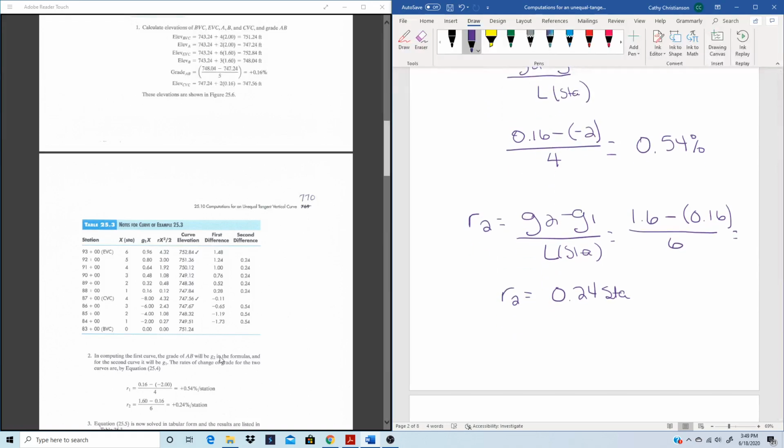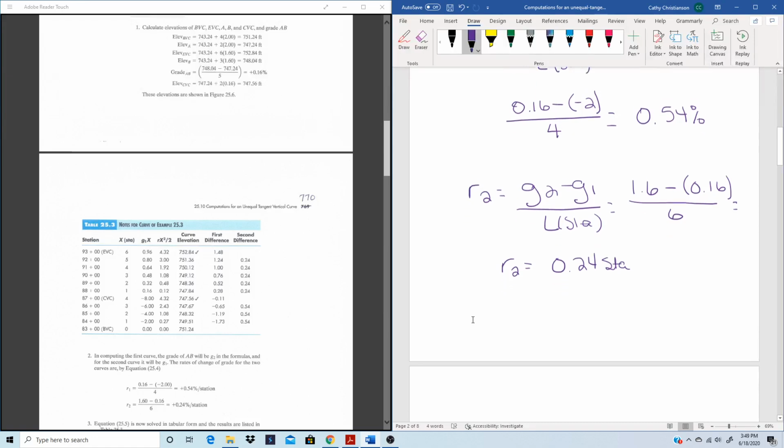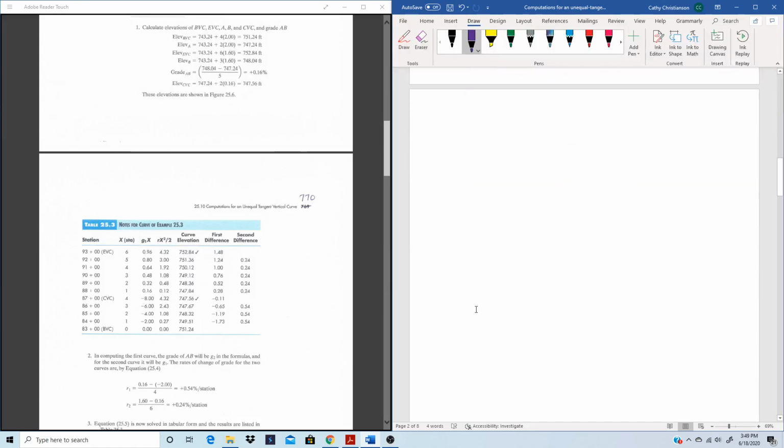Alright, so now we're ready to go ahead and solve and set these up in a table form. And remember, when we're setting this up, the beginning vertical curve goes right here. Your elevation for your CVC is going to go right here. And then you want to go, this one worked out perfect because they were on even stations, so 83 plus 0, 0.